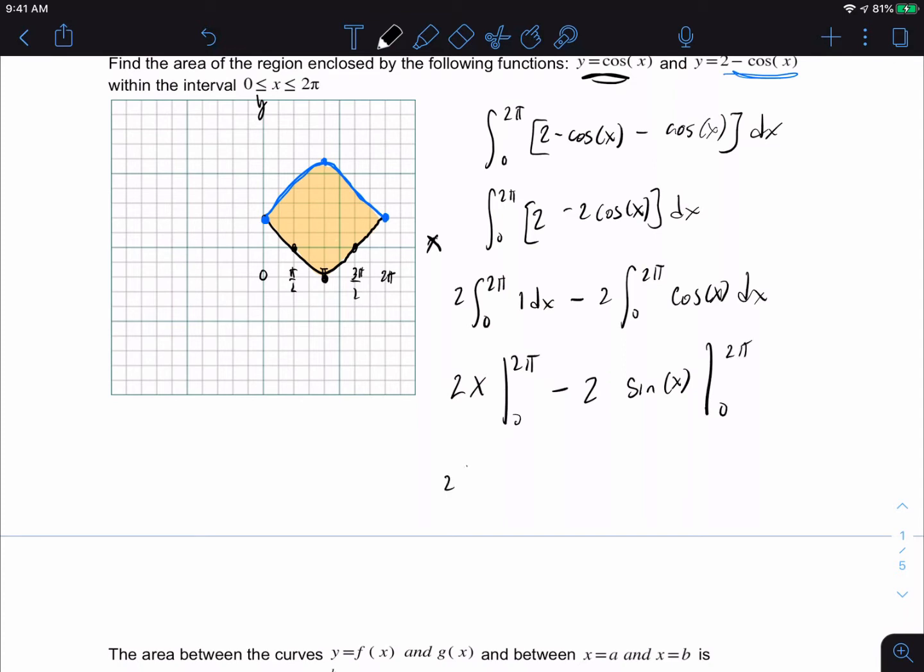So this will be 2 times 2 pi minus 0, minus 2 times 0 minus 0. And so my answer will be 4 pi units squared.